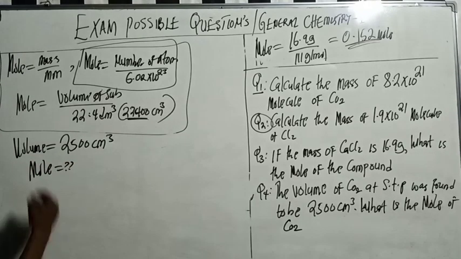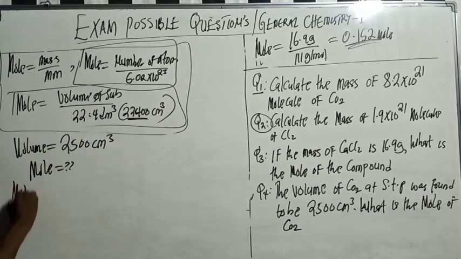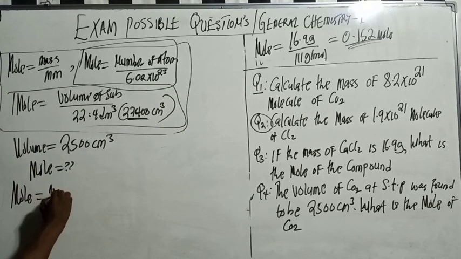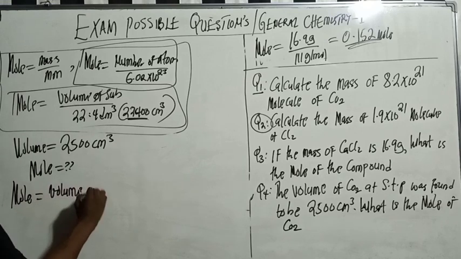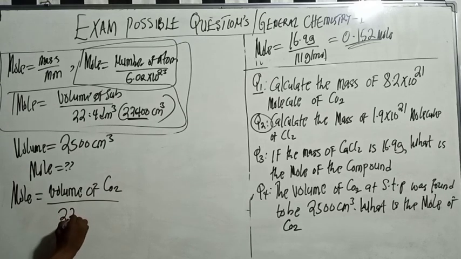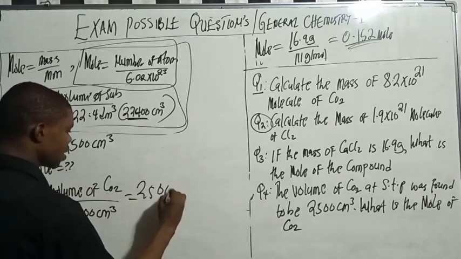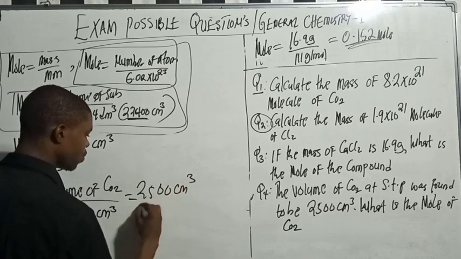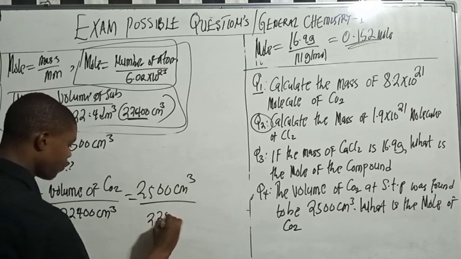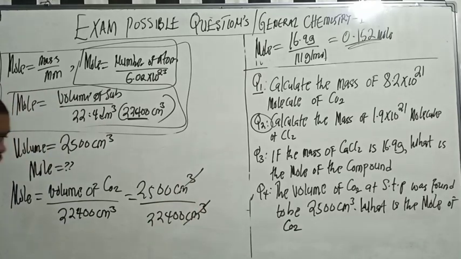It's very easy. We are just going to make use of this one here. Mole equals volume of CO2 over 22400 cm cubed. My volume given here is 2500 cm cubed over 22400 cm cubed. The units are the same because I used cm cubed here.